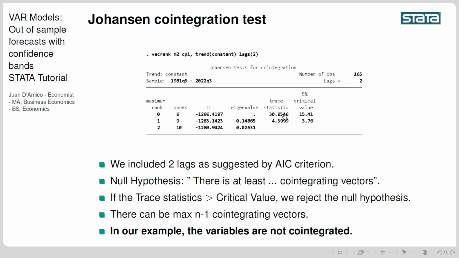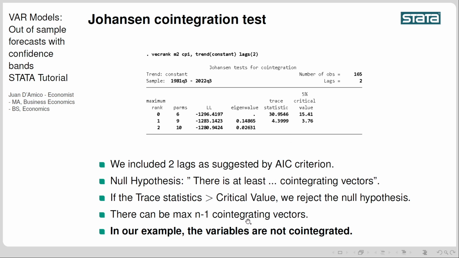We are saying that there are no cointegrating vectors. Then there is at least 1 cointegrating vector. Again, because the trace statistic is bigger than the critical value, we reject the null hypothesis. There is not then 1 cointegrating vector. And then with 2, we don't have any values.